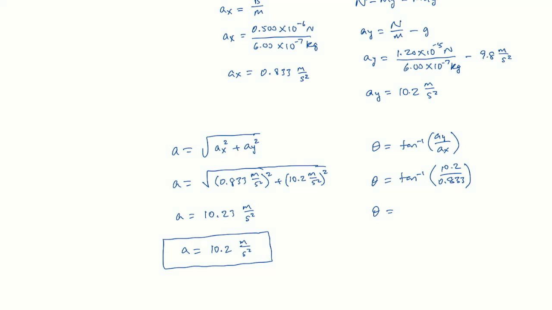I calculated this, and let's see, I got 85.3 degrees. And so this is from the positive x-axis, which is the ground. So this is measured from the ground. So we'll say from plus x. Pretty standard way of measuring a direction.